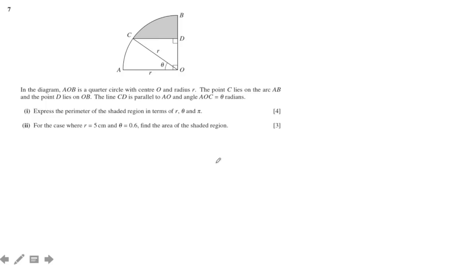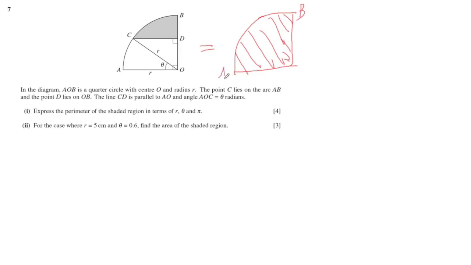Question 2i: find the area of the shaded region. There is no direct formula to calculate this, but I can set the area of the shaded region equal to the area of the sector BAO minus the area of this part CDAO.